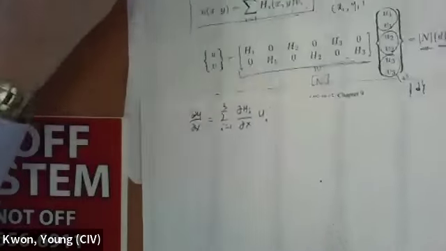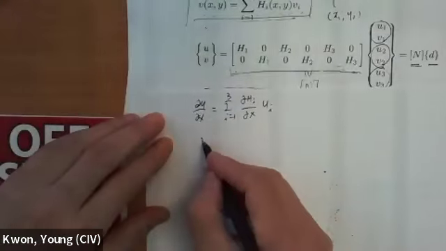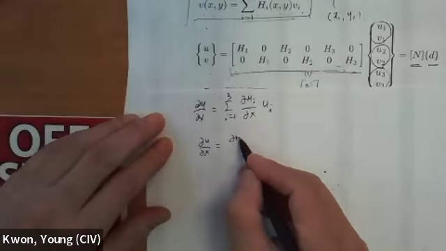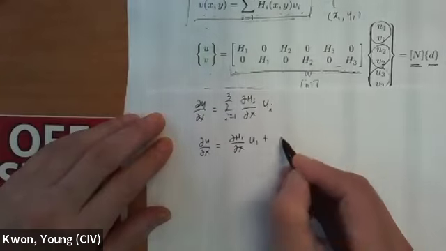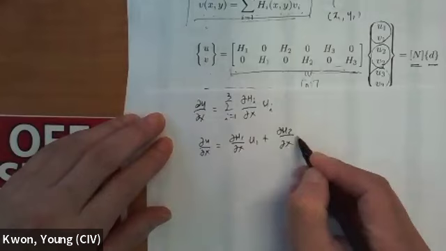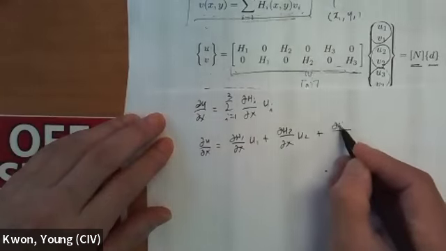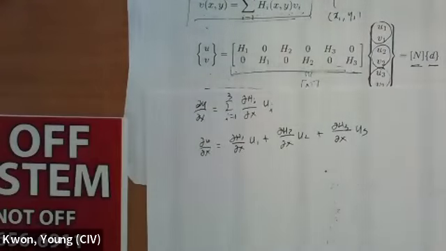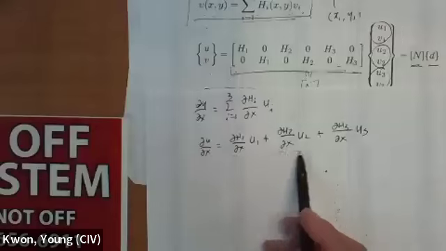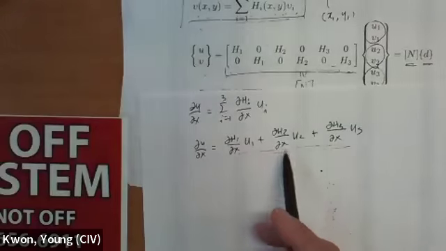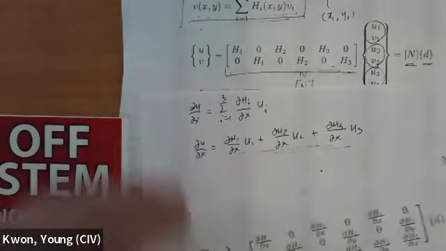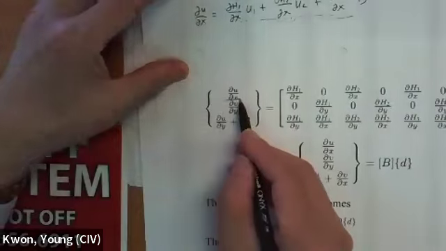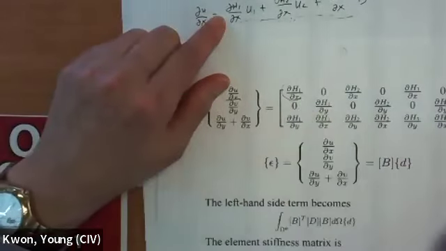Then in here, du dx is, what is that? dh1 dx u1 plus dh2 dx u2 plus dh3 dx u sub 3, because it's only 3 of them. And then if you put that in matrix form, not this explicit equation, then you can put this one in this way. Du dx is going to be this one.